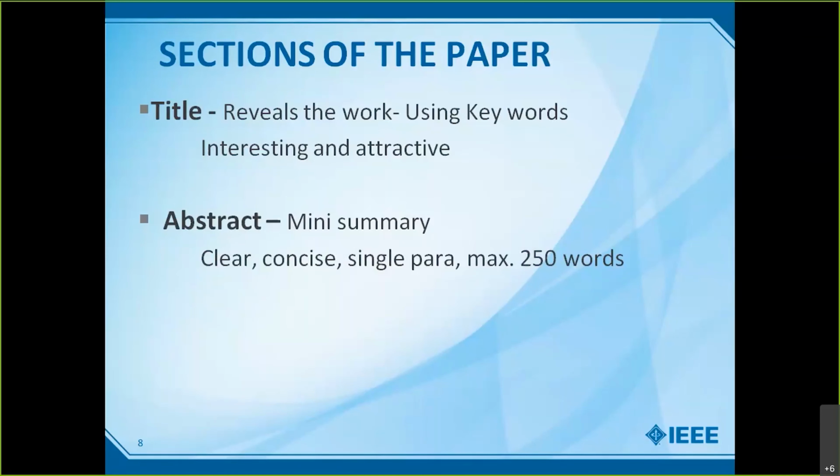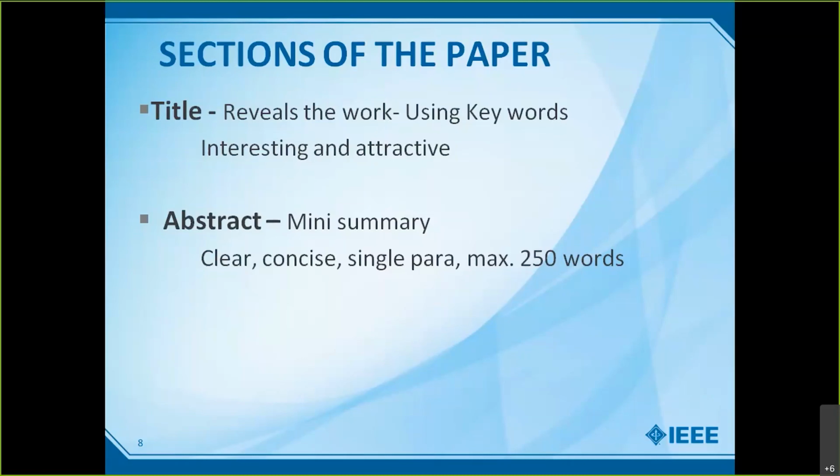And using them with many permutation combinations, you try to frame titles and see which one is communicating the crux of the paper and which one is interesting and attractive. Based on that, with the help of maybe the supervisor or some other expert, you can decide on the title.